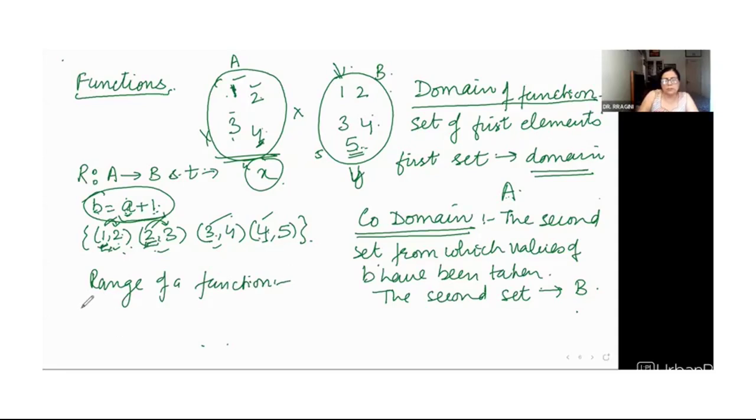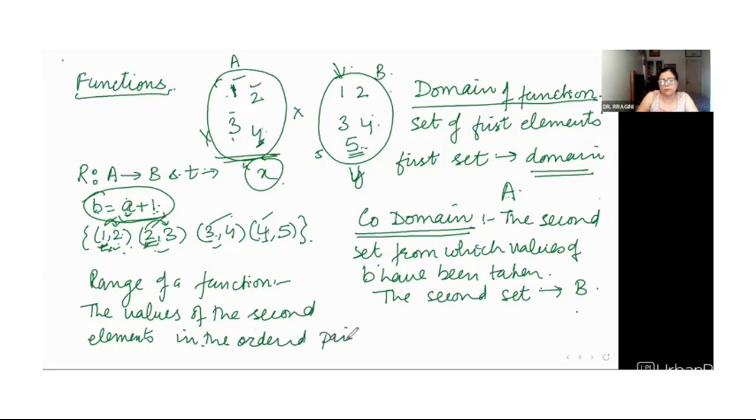Range of a function is the set of values of the second elements in the ordered pairs. Now what is the range? Here the codomain was the whole set we have used to find the values of B.